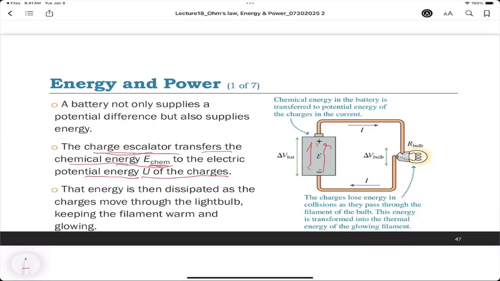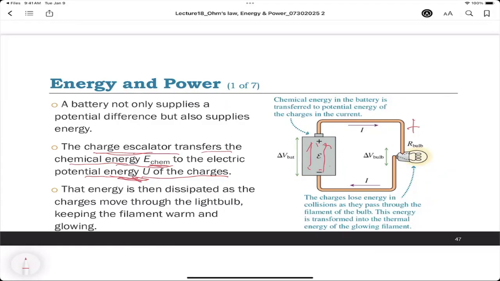That energy is then dissipated as the charges move through the light bulb, keeping the filament warm and glowing. This is just the figure for this process.